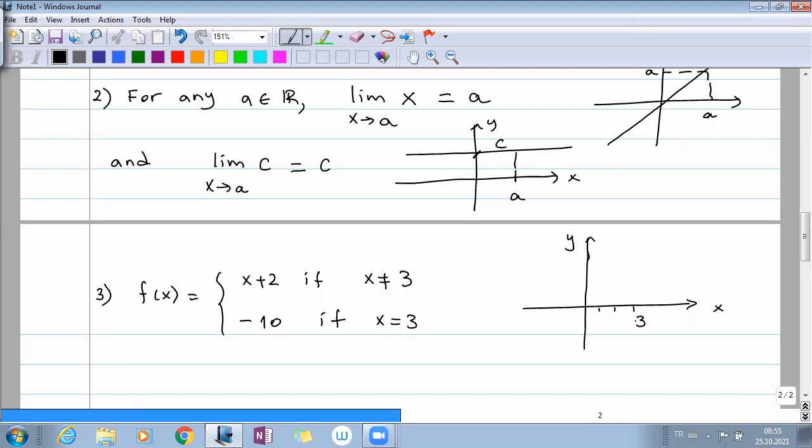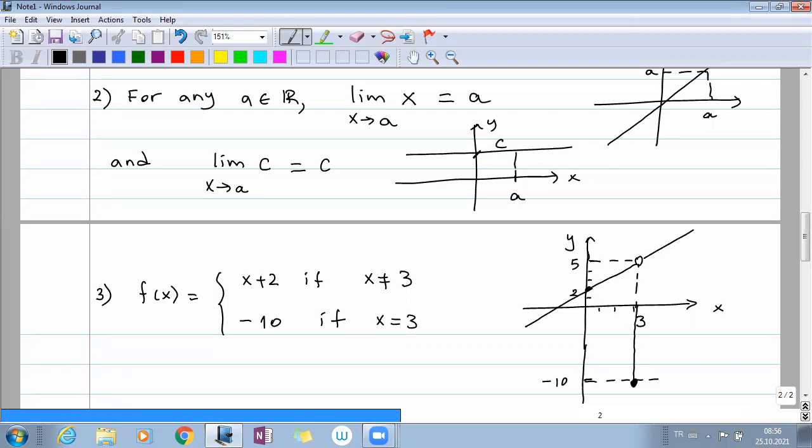So this is the graph of the function. For x different from 3, it is given by the function x plus 2.